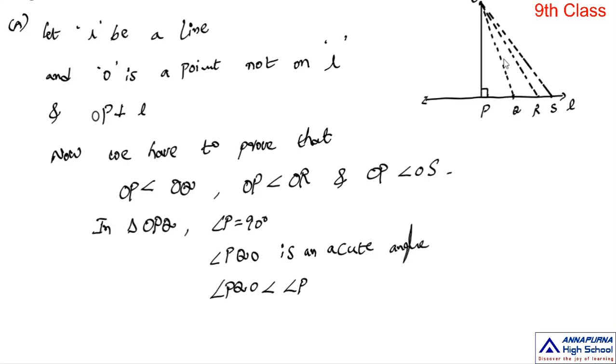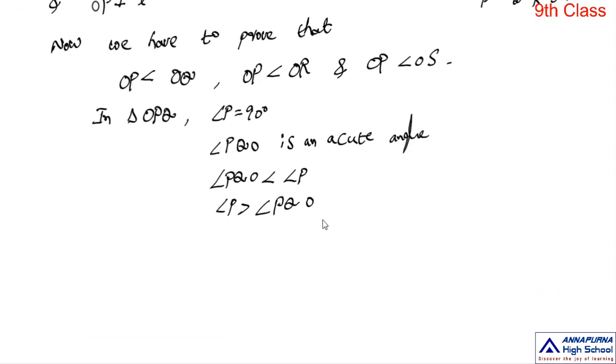So the remaining two angles are complementary angles. So this is the largest angle, and the remaining two angles are smaller angles. So angle P is greater than angle PQO.